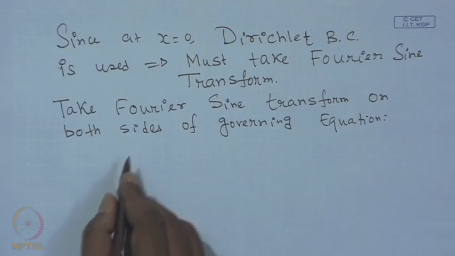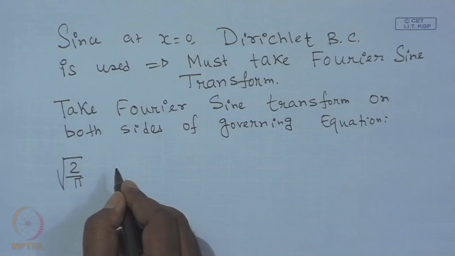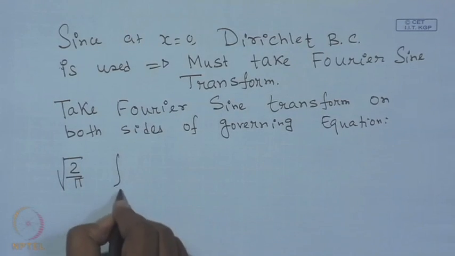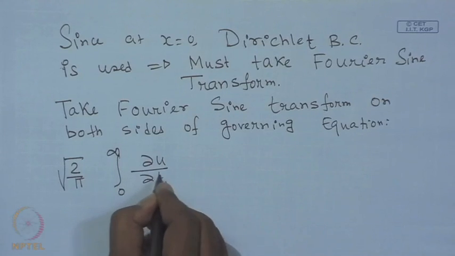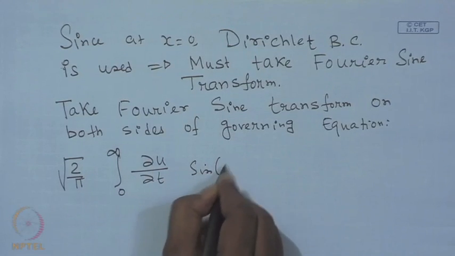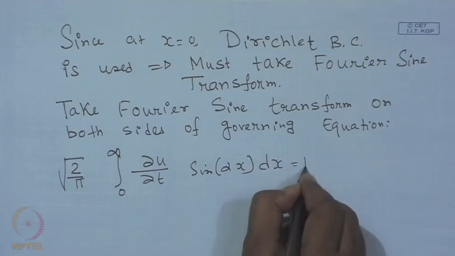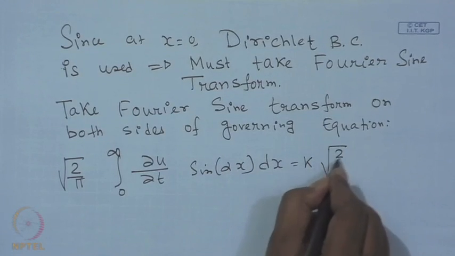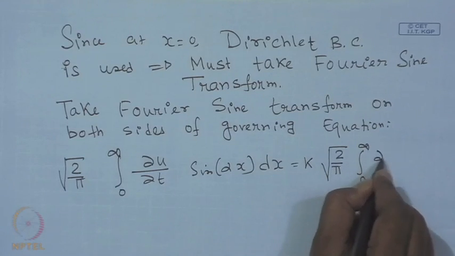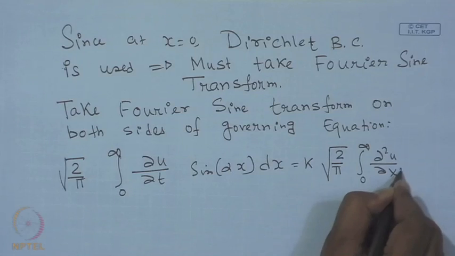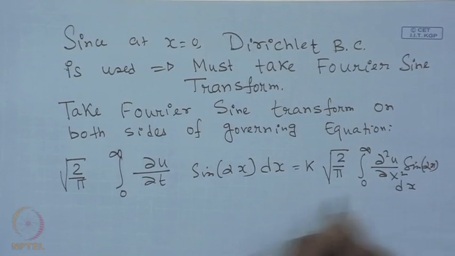If you take that, then let us write down the equation: root 2 by pi, integral 0 to infinity, del u del t sine alpha x dx is equal to k root over 2 by pi, integral 0 to infinity, del square u del x square sin alpha x dx.